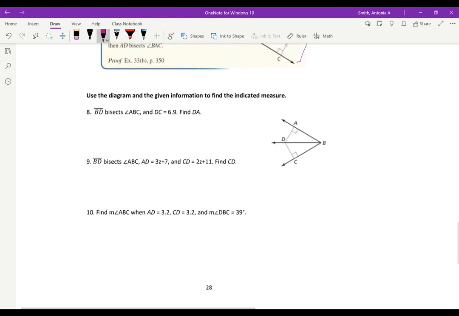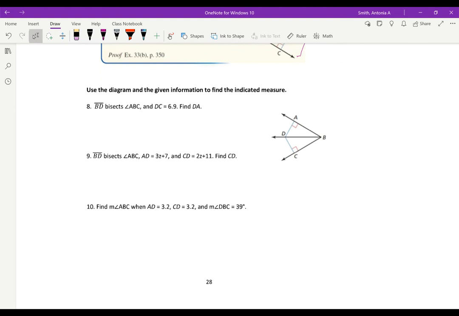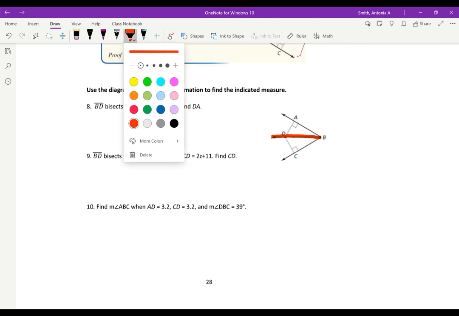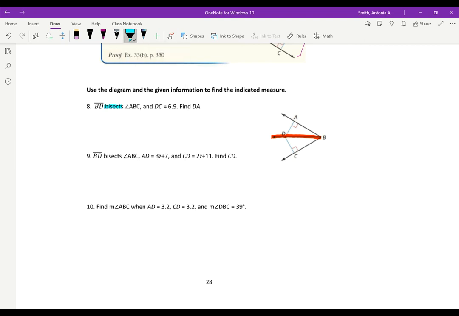So number 8 says use the diagram and the given information to find the indicated measure. So this says that BD bisects angle ABC and DC equals 6.9. Find DA. So again, DB is a bisector. That's what it says here.